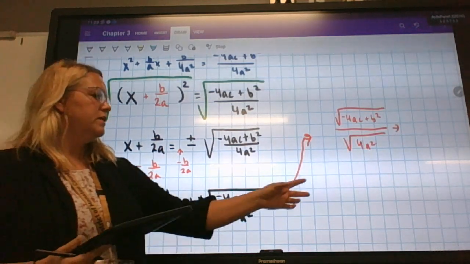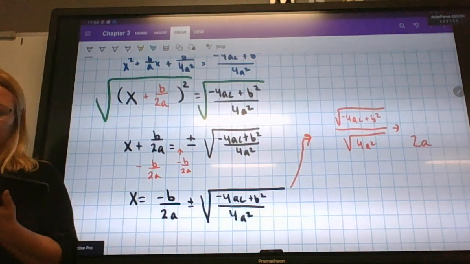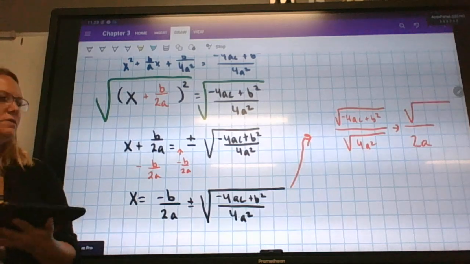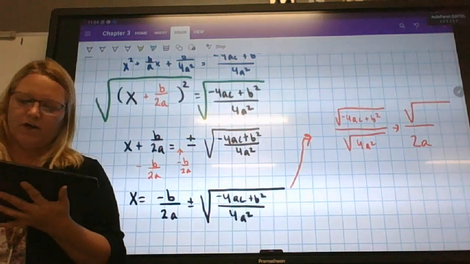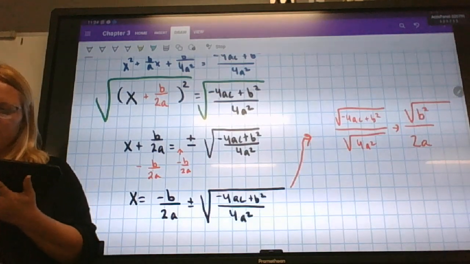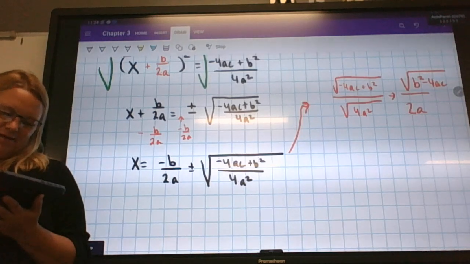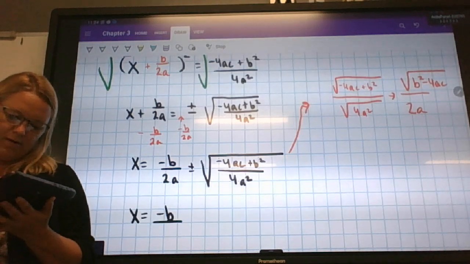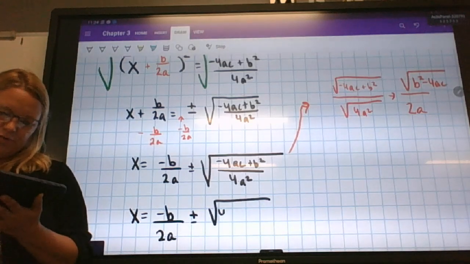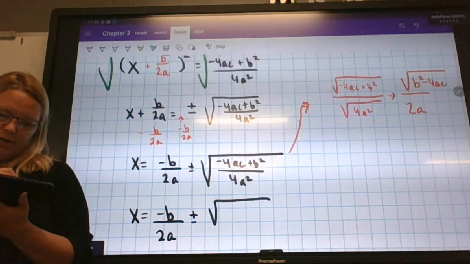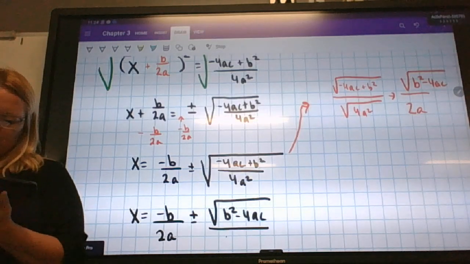So the square root of 4a squared is just 2a. The square root of 4 is 2. A squared is a. I'm also going to put this bit in standard form, which means the b squared would be first. There's b squared minus 4ac. All right. Negative b plus and minus the square root of b squared minus 4ac over 2a.